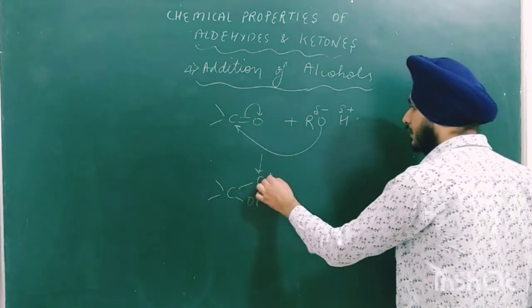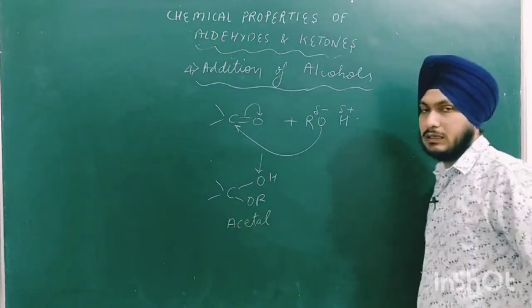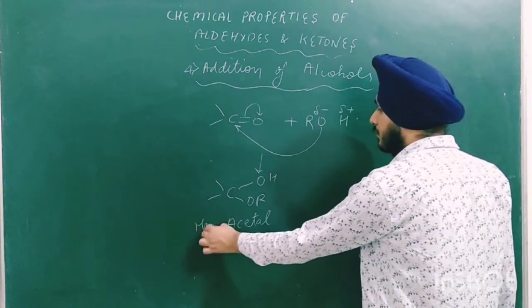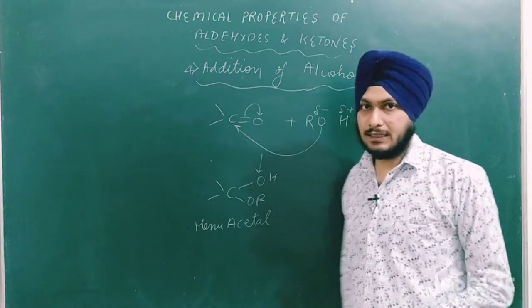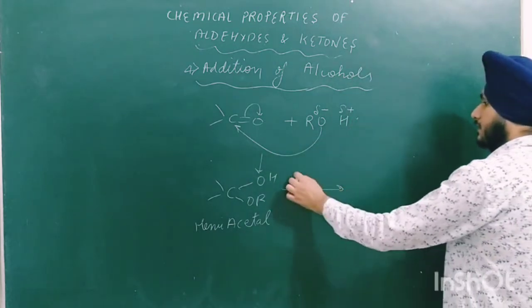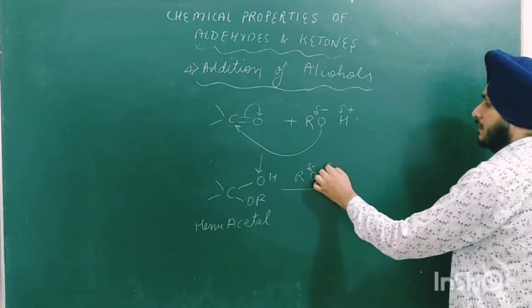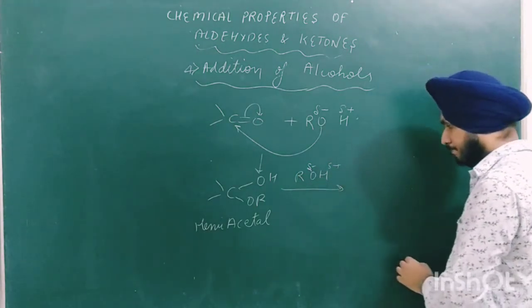This is the acetal group. This is known as acetal. Okay, this is known as hemiacetal, sorry, because we have only one OR group, that is hemiacetal. Now again, if we add the other molecule, again here we have partial negative, partial positive. So what will happen?